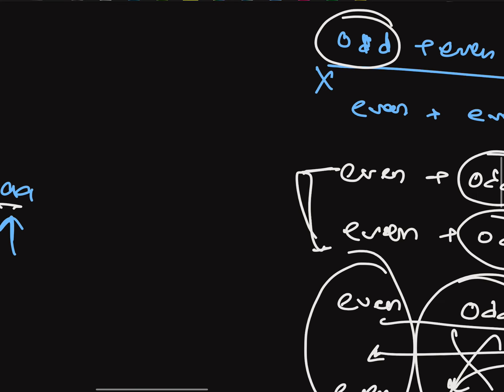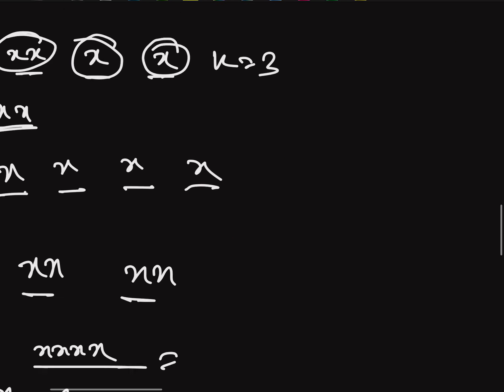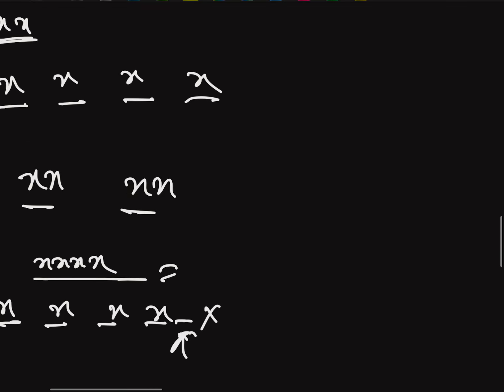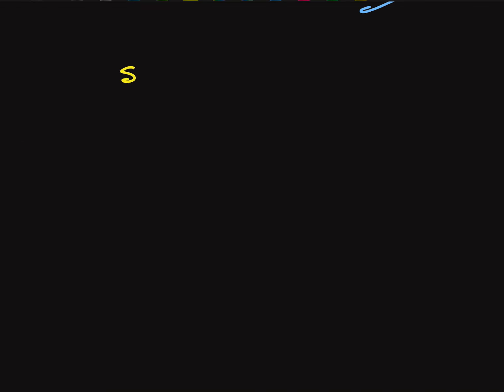Suppose the next example, which will be easy to understand: A, B, C, D, E and K is equal to 4. So initially we will have 4 empty strings.